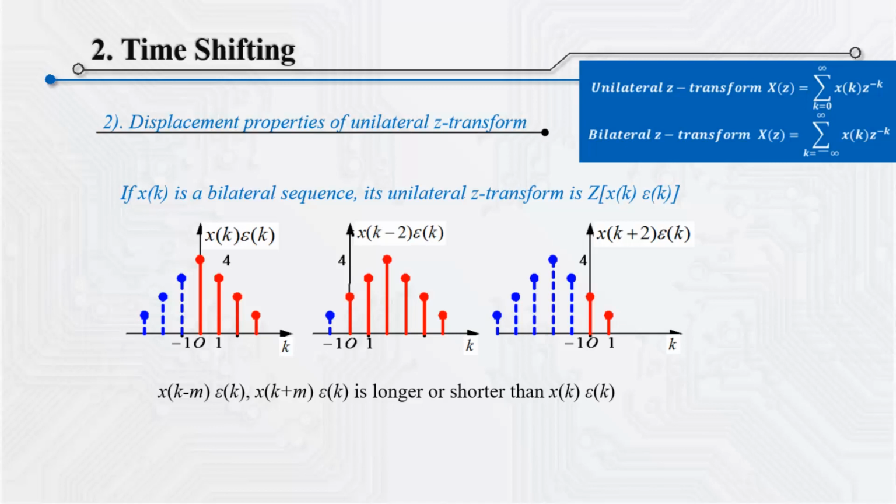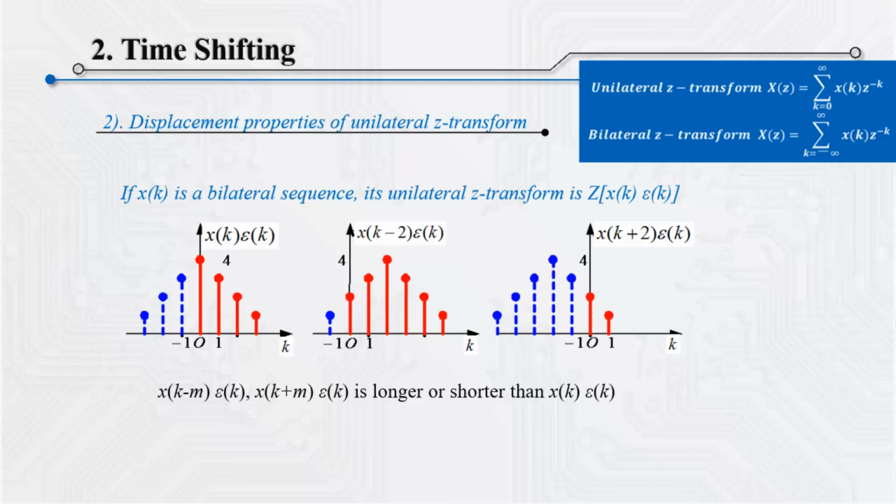If it is left shift, it can be seen that these two values are equivalent to the amount removed. So, in this case, we seek the unilateral Z transform. Then, its length increases or decreases relative to the original sequence. According to the definition of unilateral Z transformation, as for the right shift feature, we need to increase the corresponding amount.